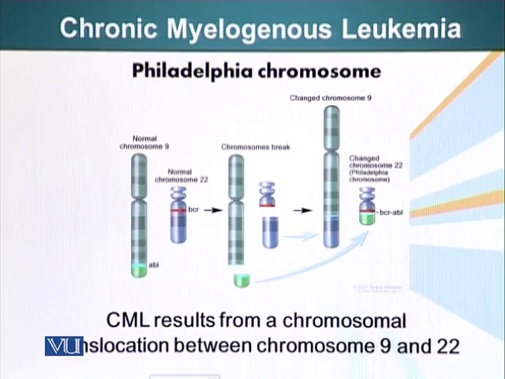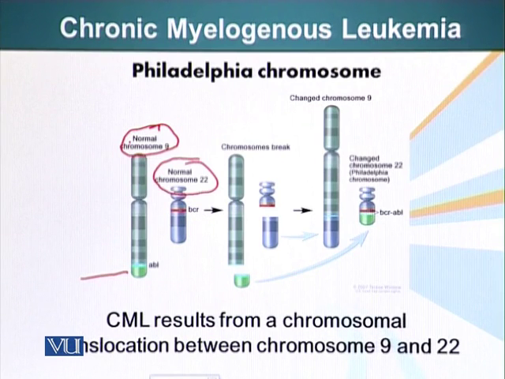Chronic myelogenous leukemia. In this disease, there is a translocation between normal chromosome number 9 and chromosome number 22. There's a chromosome 9, there's a chromosome 22. So we know what translocation is. Chromosome 9 has a region that codes for a kinase called Abelson tyrosine kinase, abbreviated as ABL.